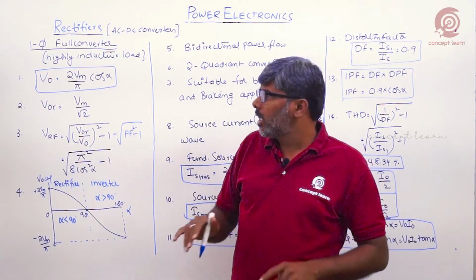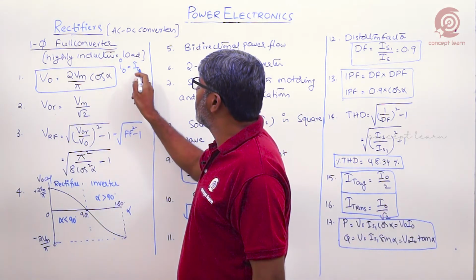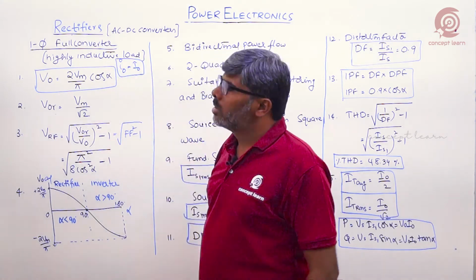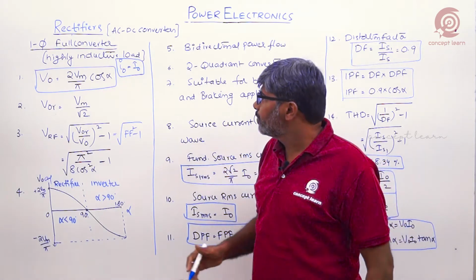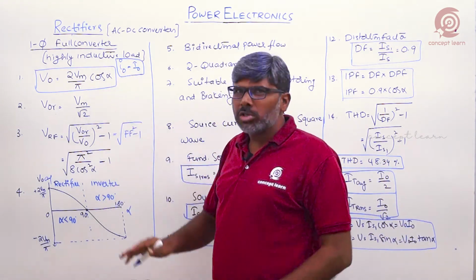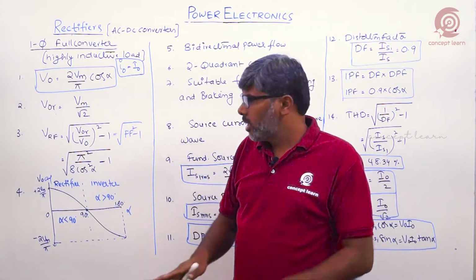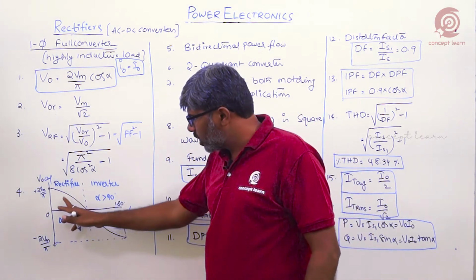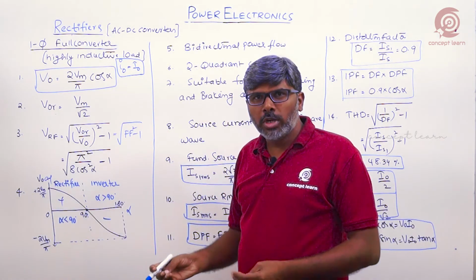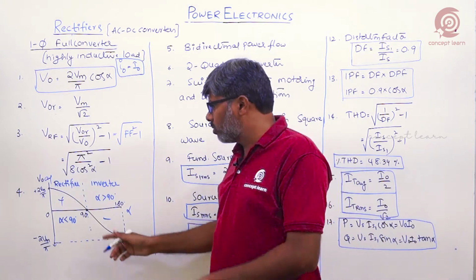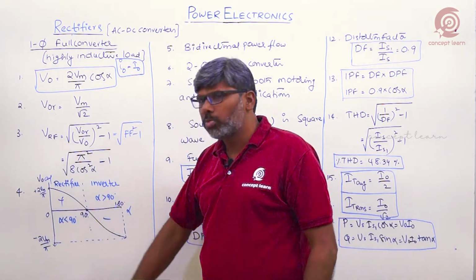Assuming a highly inductive load, obviously I naught is equal to capital I naught. It is only an assumption, an ideal case for the sake of easy mathematical analysis. I naught constant means only one direction; there is no change in the direction of the current. But the voltage varies positive and negative. Output voltage is sometimes positive, sometimes negative. If the firing angle is less than 90 degrees, the average output voltage is positive.